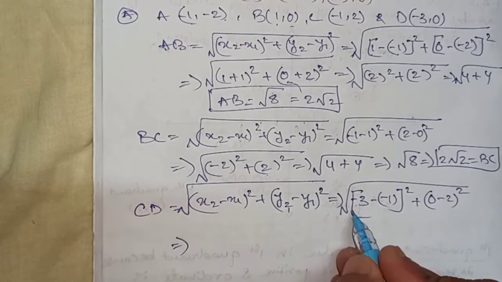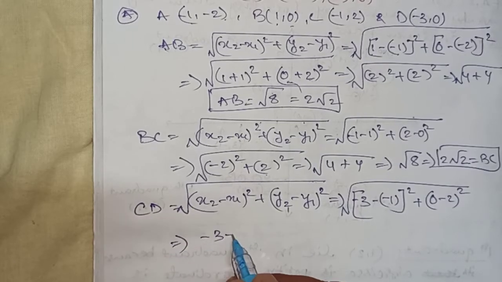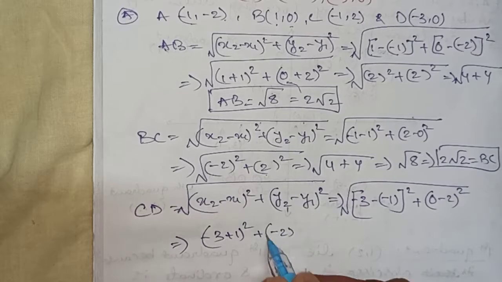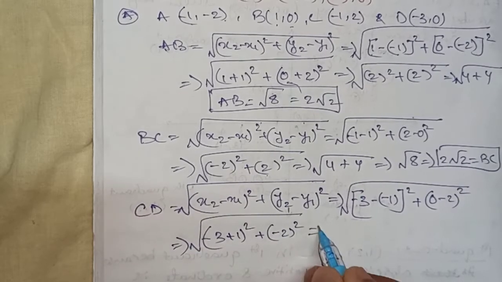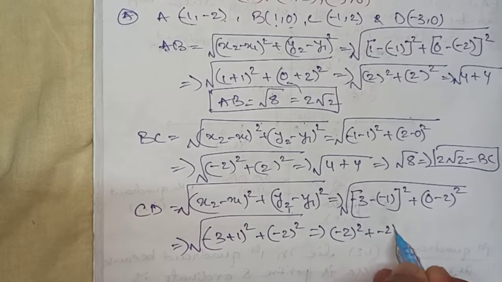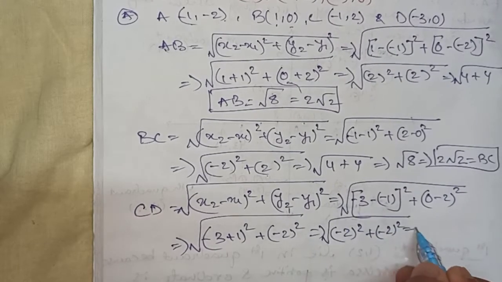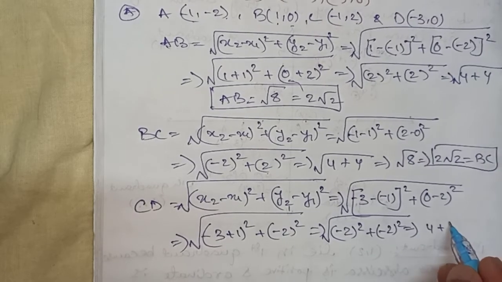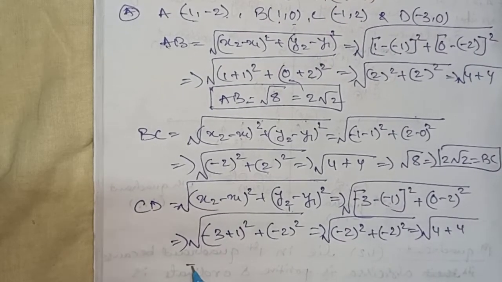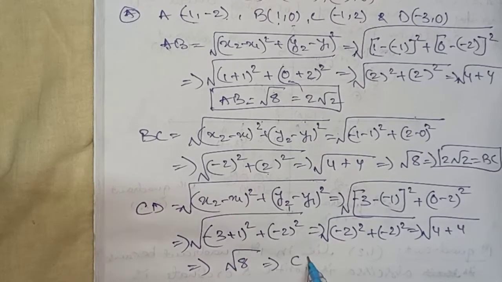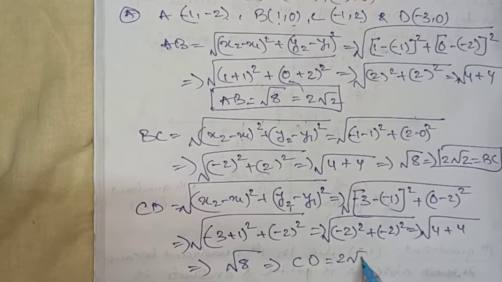Minus 3 plus 1 is minus 2, and 0 minus 2 is minus 2. Minus 2 square is 4, similarly minus 2 square is 4. 4 plus 4 we got again root 8. So CD is 2 root 2.